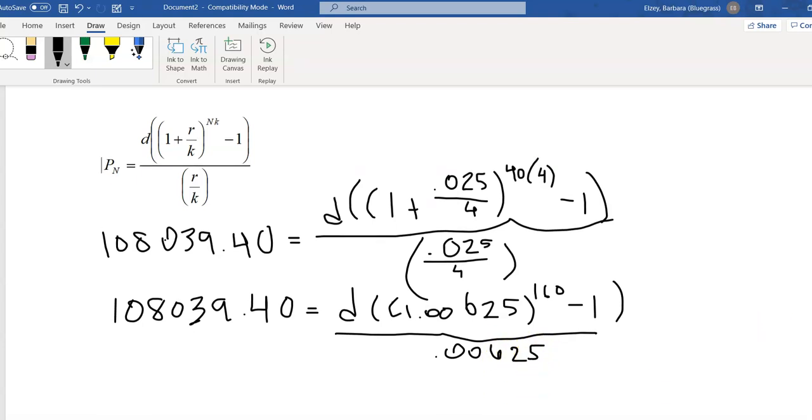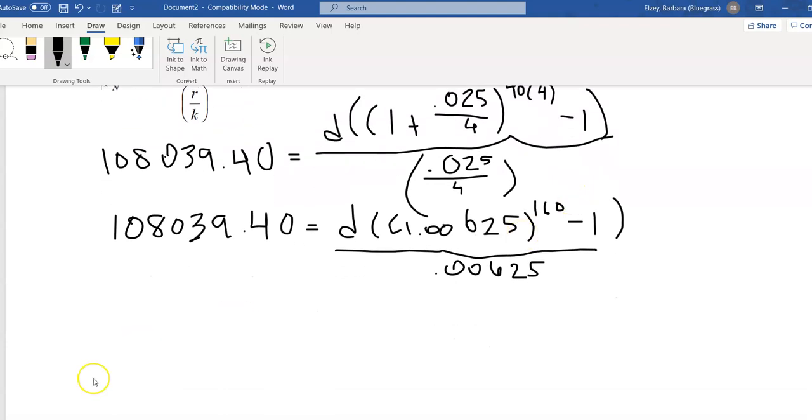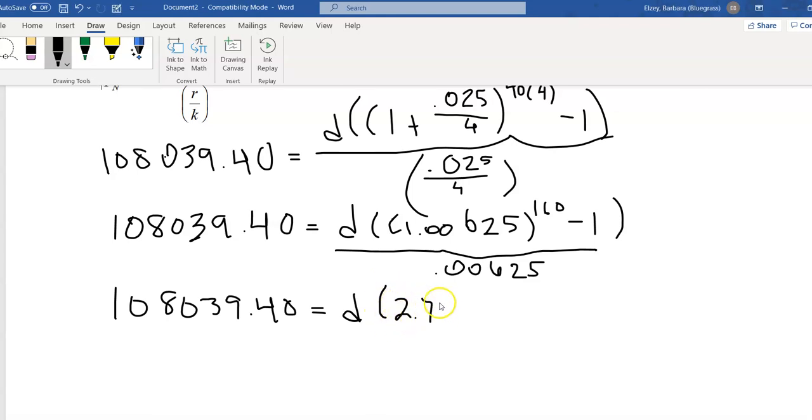And then let's keep going. Let's take the 1.00625 to the 160th power. And that gives 2.709835576 minus the 1.